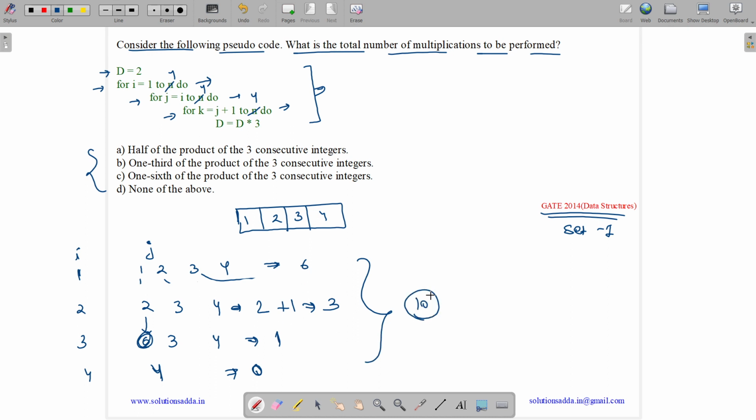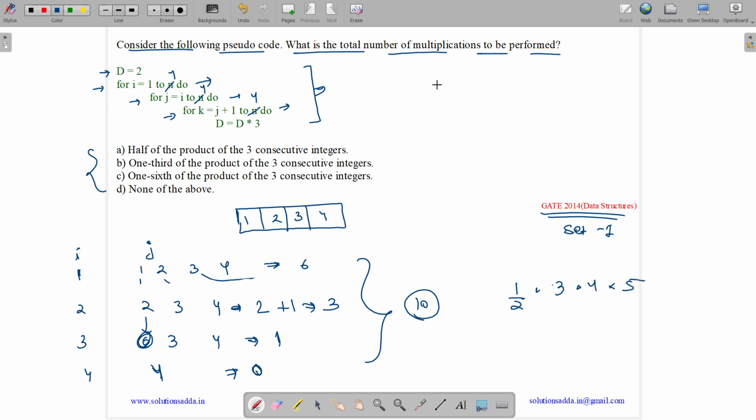Now let us see half of the product of 3 consecutive integers. So can we write 10 as half of the product of any 3 consecutive integers? Let us suppose here we have n as 4. So 3 consecutive integers are 3 into 4 into 5.